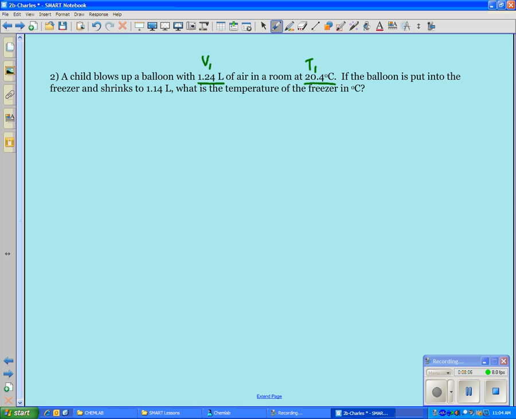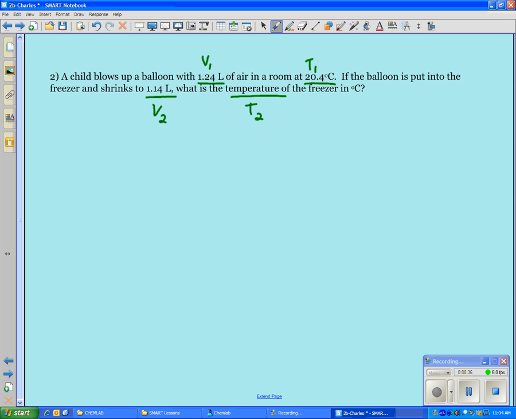If the balloon is put into a freezer and shrinks to 1.14 liters, what is the temperature of the freezer in degrees Celsius? Our 1.14 liters is our second volume, V2. We're looking for a temperature, so that means we're looking for T2. Even though we're looking for degrees Celsius in the answer, we still have to do all of the calculations using absolute temperatures or kelvins.